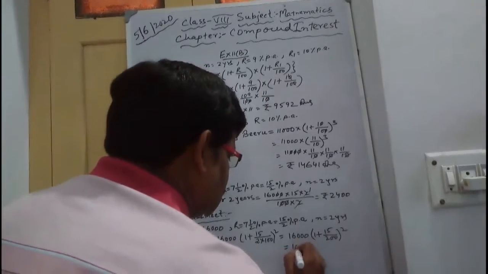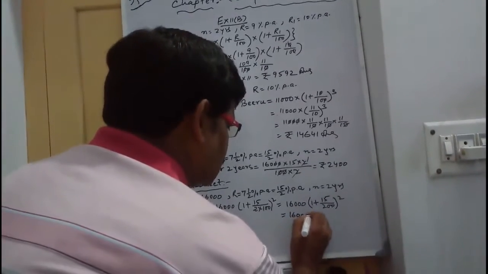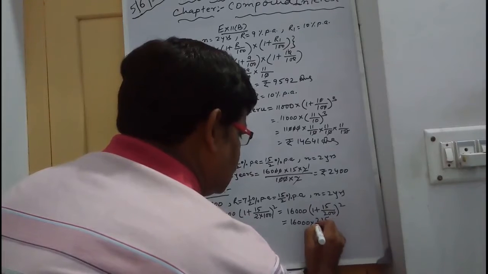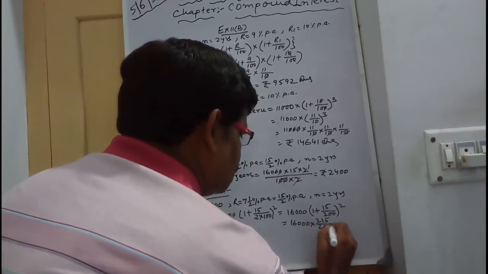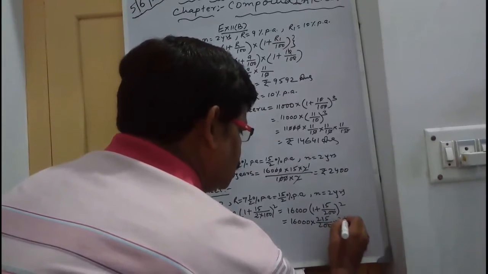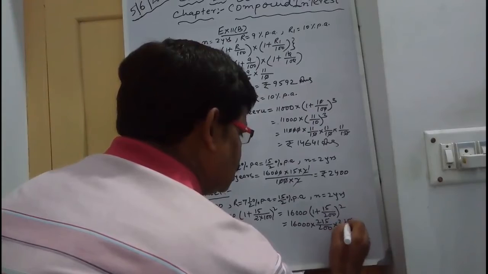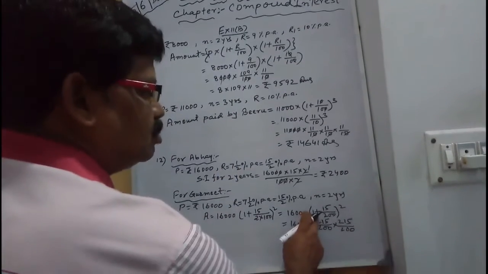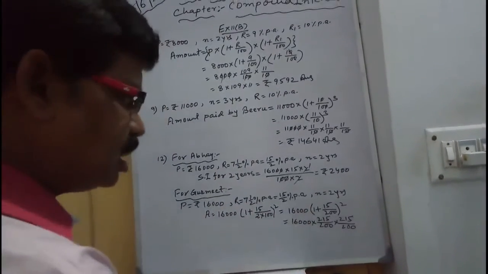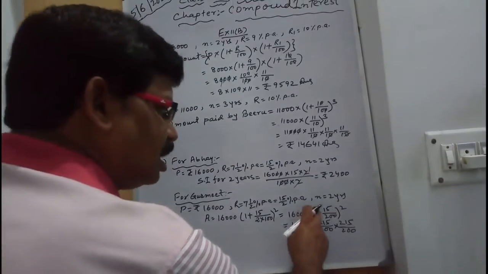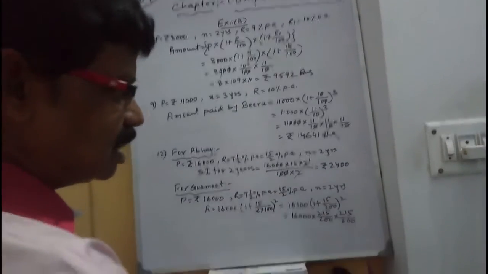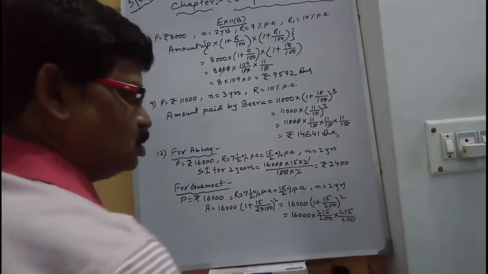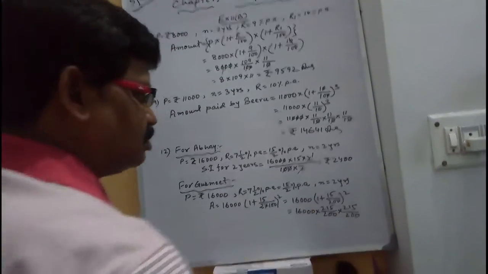So 16,000 into 215/200 into 215/200. Multiply 1 with 200, that is equal to 200. Add 15 with it, which is equal to 215. There is power 2, so you write that 2 times.